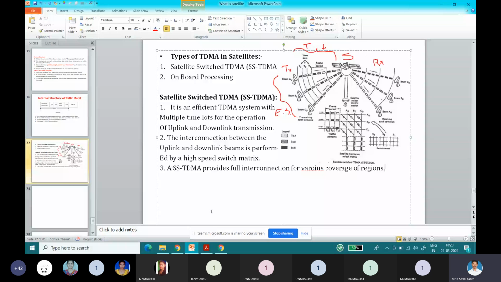For the various coverage of the regions, we go for this, which helps it cover the entire region that is required.